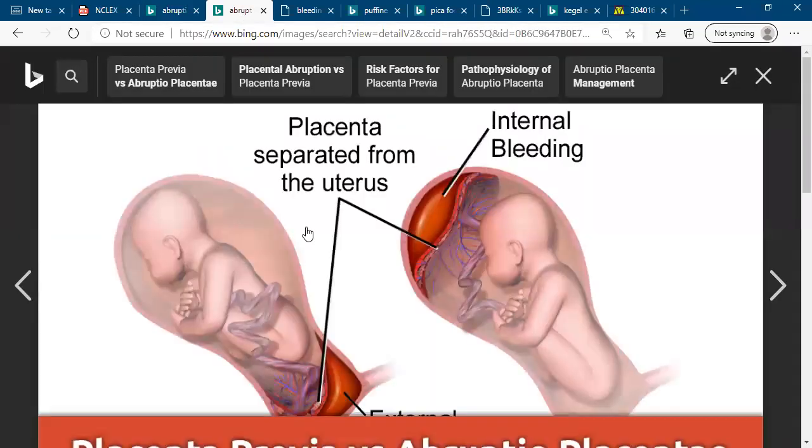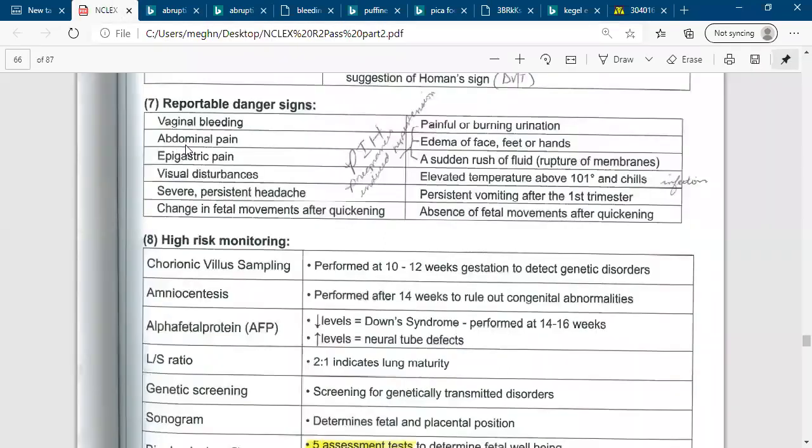These are the two most common causes of abnormal bleeding during pregnancy. Any abnormal bleeding, they have to inform the healthcare provider. Or abdominal pain, sudden abdominal pain or sudden vaginal bleeding, we have to inform.